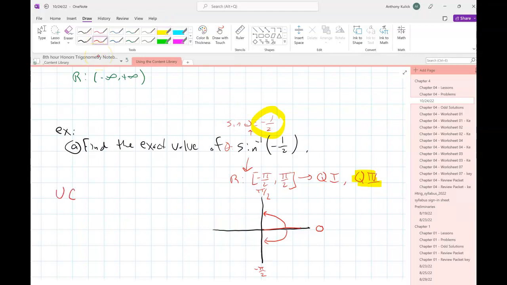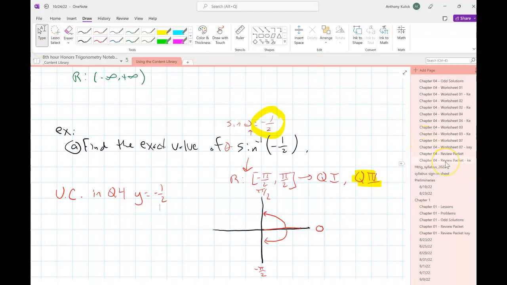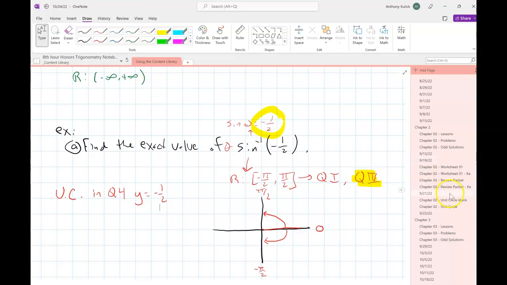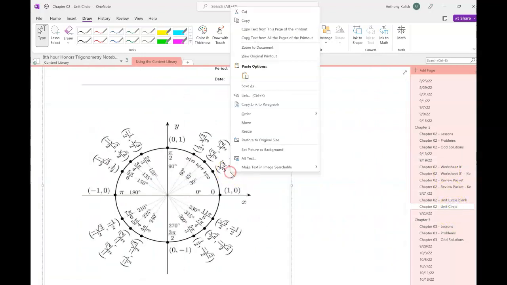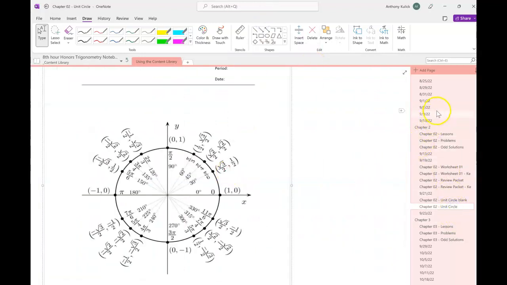So I'm going to go to the unit circle, and I'm going to look in Q4 where the y coordinate is negative 1/2. So far, so good? Let me go grab that unit circle and drop it in here.